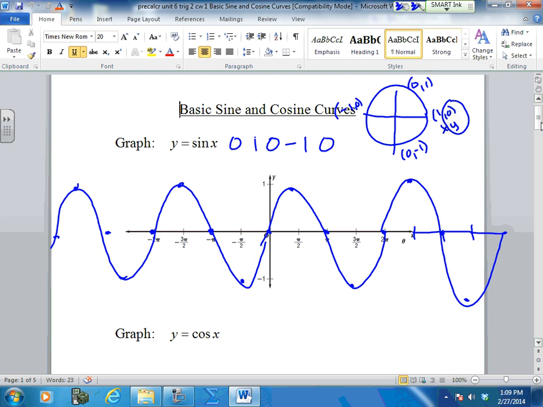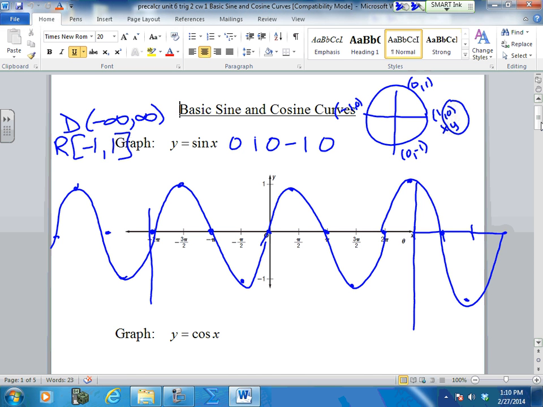What's the domain for your sine curve? All real numbers. Good. It just so happens that maybe I just graphed from here to here, but my curve is still all real numbers. What's the range of my sine curve? -1 to 1. Very good. We use hard brackets because we include the 1 and the -1.